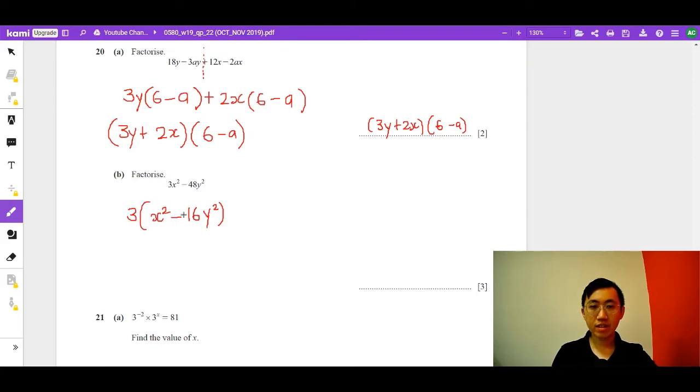There's a square here, minus, and there's a square term over here. So 3 times x minus 4y, and the other one is x plus 4y. This should be the final answer now. So copy another time, that will be the final answer. There you go. Question 20.